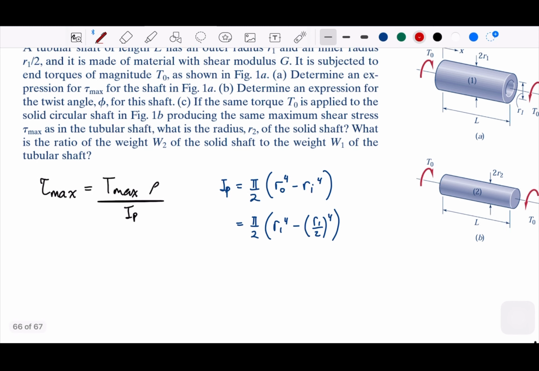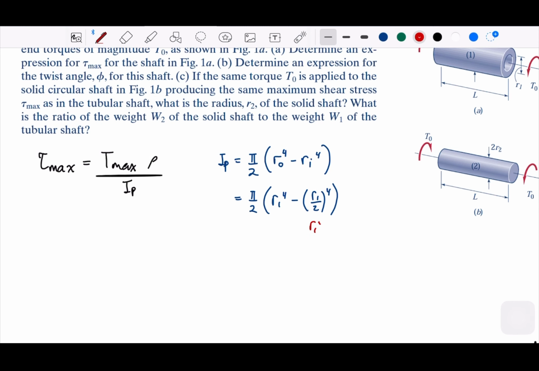So this will be R1 to the 4 over 16, so 16 over 16 R1 power of 4 minus 1 over 16, so this is 15 over 16. So this will be 15 over 32, right? 15 over 32 pi R1 power of 4. Oh, pi, sorry, forget pi. Okay, that's the inertia.